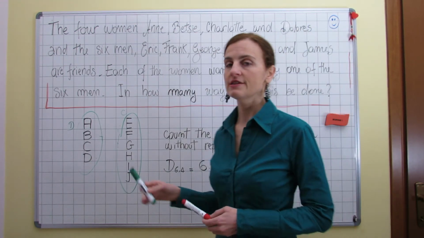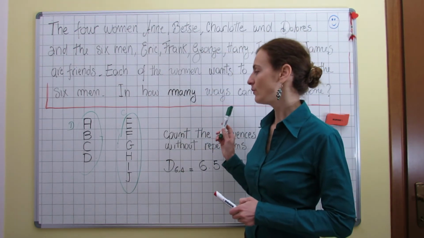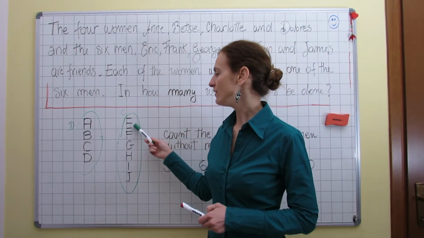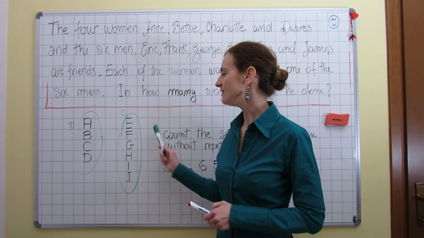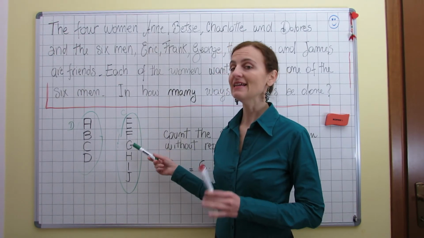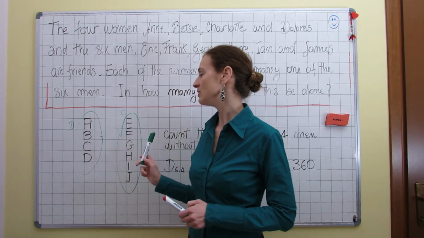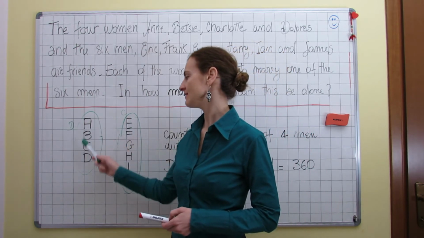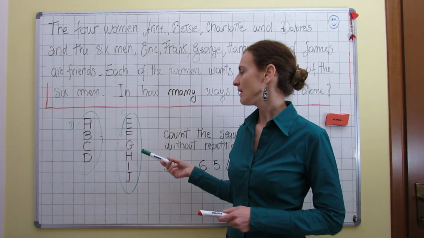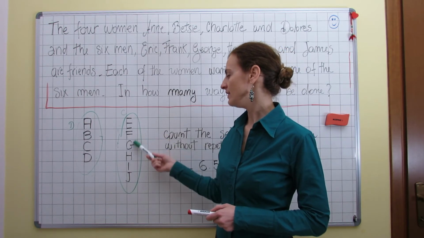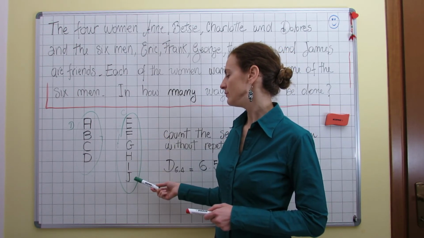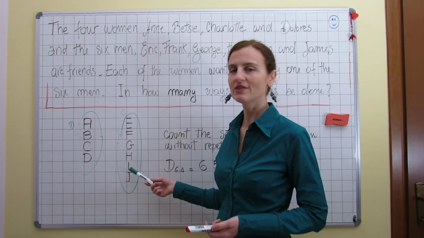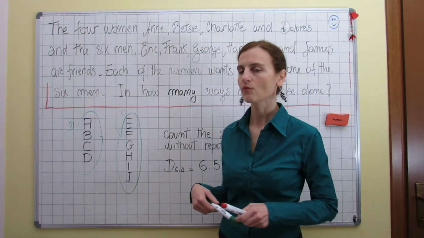A function is surjective when for every element of the set C there is at least one counter image or pre-image in the set D. So none of these elements will be left alone without a counter image.